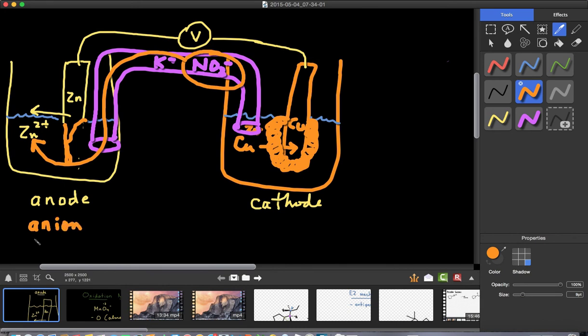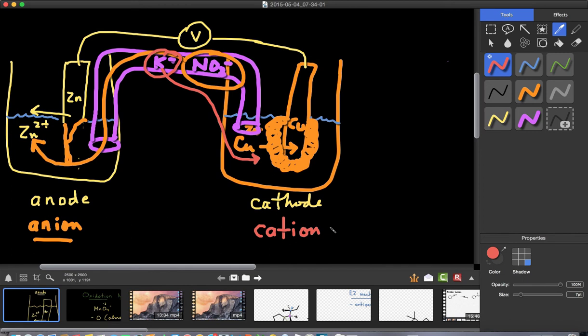In fact, it's called the anion because it migrates to the anode. Conversely, K plus is going to migrate to begin to replace the Cu2 plus that's being lost out of solution. It is the cation that migrates to the cathode. In fact, it's called a cation because it migrates to the cathode.